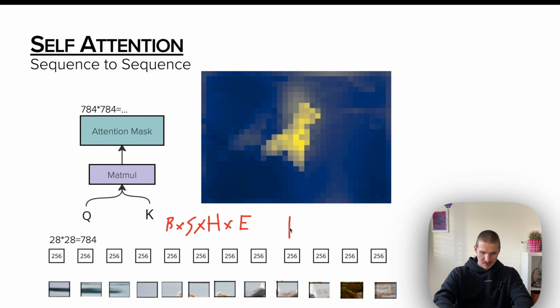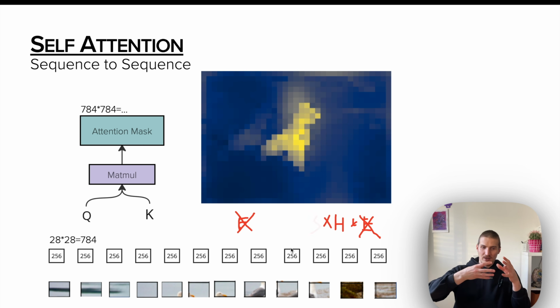And you have another matrix like this again, batch times sequence length times head times embedding. Oops, it's getting deleted. But basically, when you do the batch matrix multiplication, it is going to remove the last dimension.